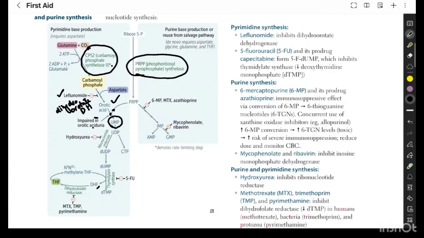The second thing I need to remember is that in case my patient is taking leflunomide, that inhibits dihydroorotate dehydrogenase. So after carbamyl phosphate synthetase, I form orotic acid, and that orotic acid is not further converted into UMP. So this is why I'm getting orotic aciduria. Right? This is what I need to remember.